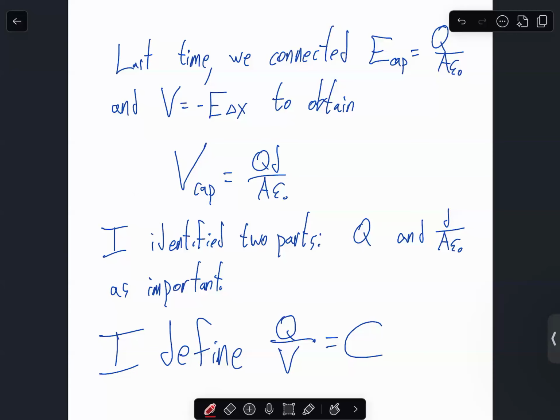If I plug E in, I get capacitor voltage is QD over A epsilon. D is the distance between the plates. That's the distance the electric field is pointing, right? Electric field goes from pluses to minuses. So if I go from one plate to the other, what distance have I gone, from the diagram I drew before? D is the distance between.